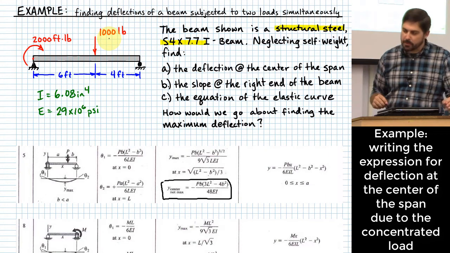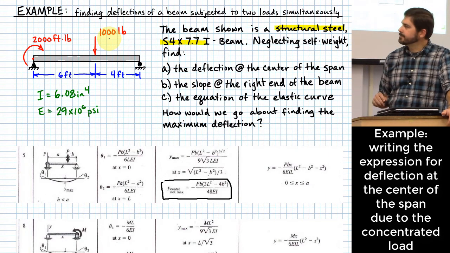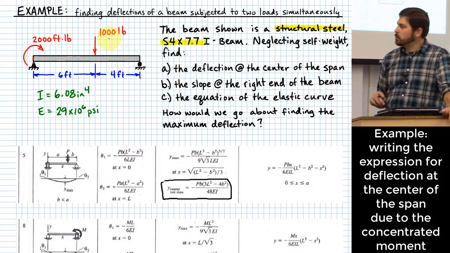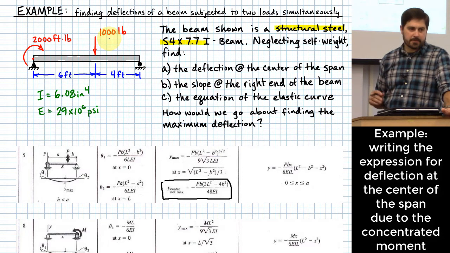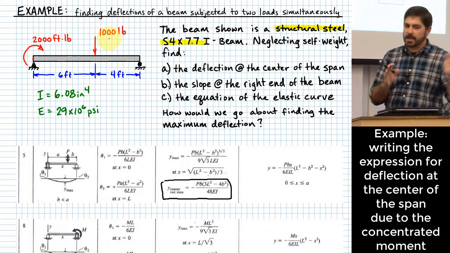What else do I need to apply? Let's ask this question: does it matter which end I put my moment on as to what the deflection is going to be at the middle? I don't care, because the middle is the same distance from one support as from the other.